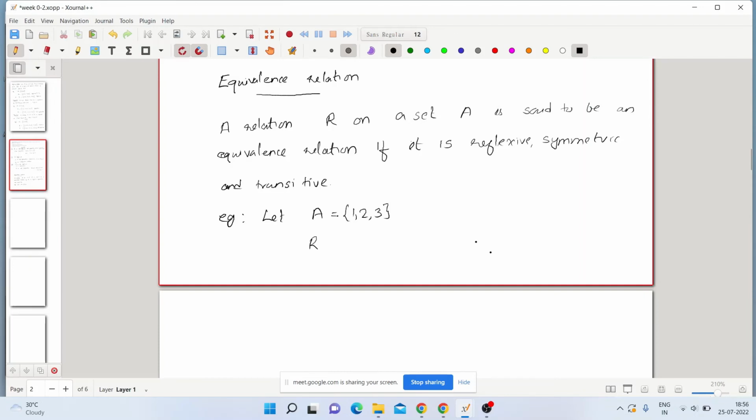Suppose f is a function from A to B. Then f is a one-to-one function if different elements in A have different images. That is, if f of x1 equals f of x2 implies x1 is equal to x2.